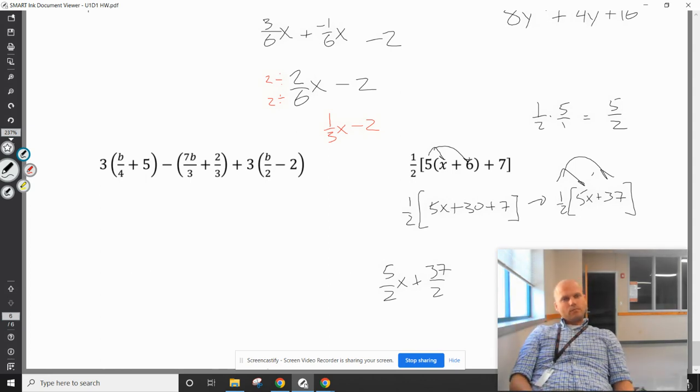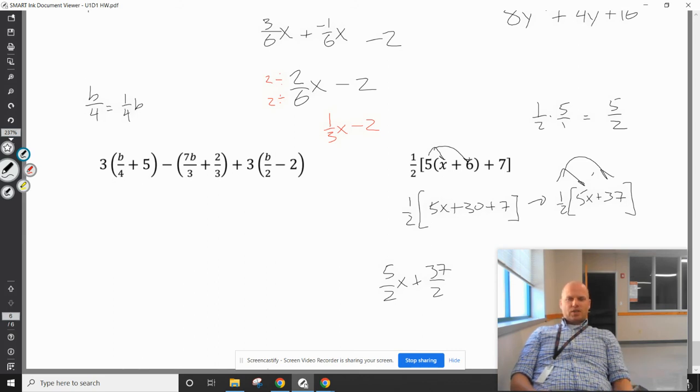5 halves. This one is tricky. A lot of different slices. So I have 3 bags of b over 4. Now b over 4 can be written as a quarter b or a b quarter. It's tough to think about it as a quarter b, but 1/4 b is the same as b over 4.